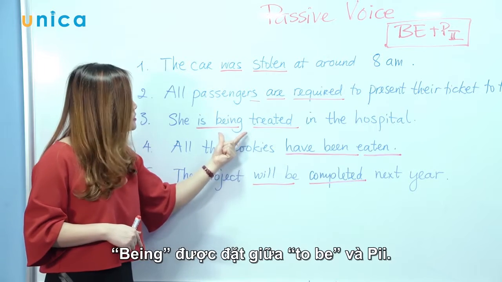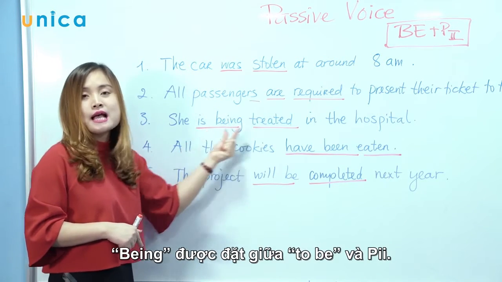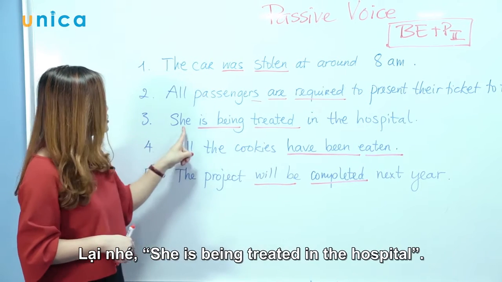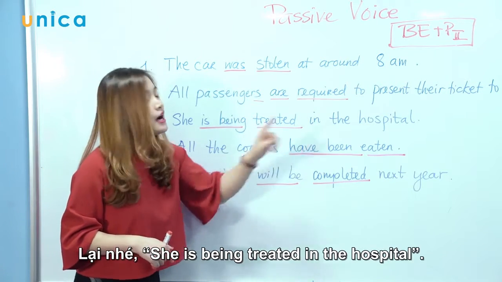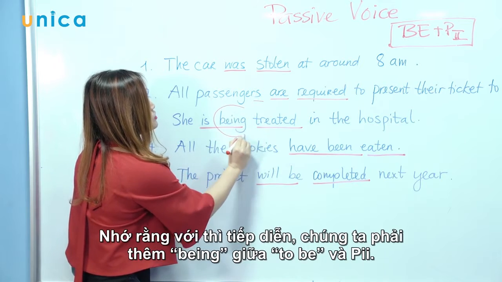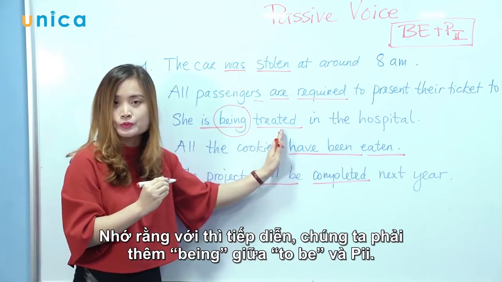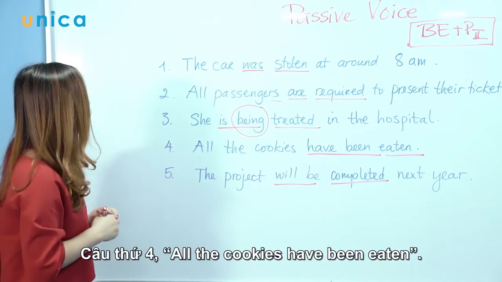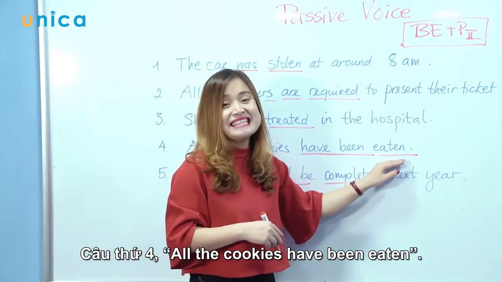So being is put between to be and P2. Again, she is being treated in the hospital. So remember, for continuous tenses, we have to put being between to be and P2. Got it? Excellent.